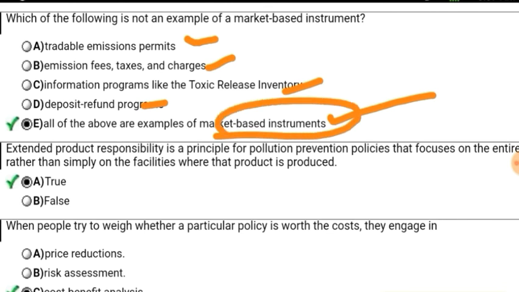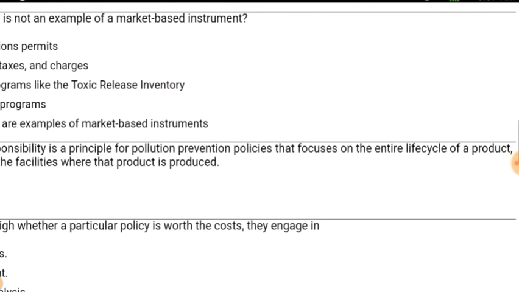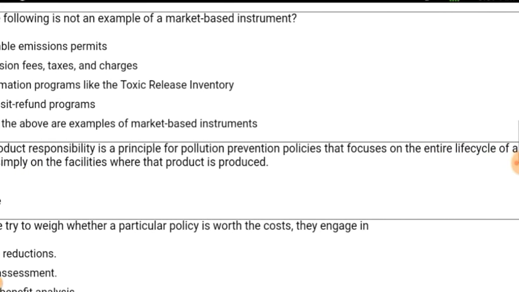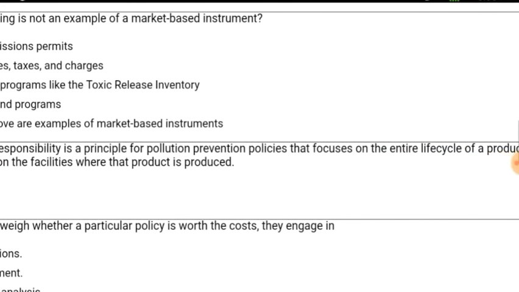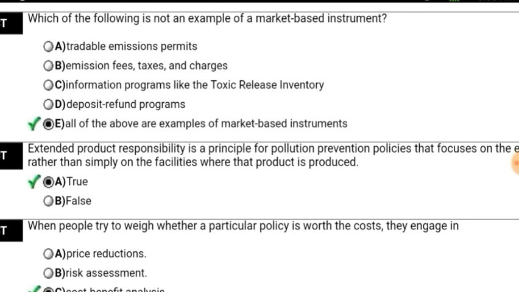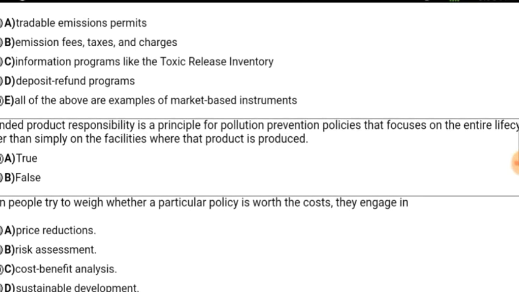Next, extended product responsibility is a principle for pollution prevention policies that focuses on the entire life cycle of a product rather than simply on the facilities where that product is produced. Is it true or false? It is true.